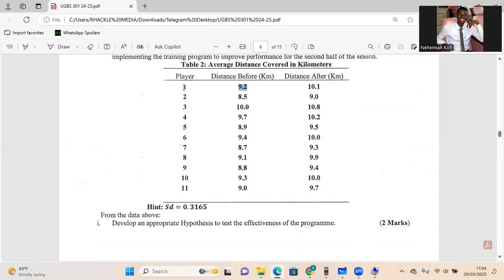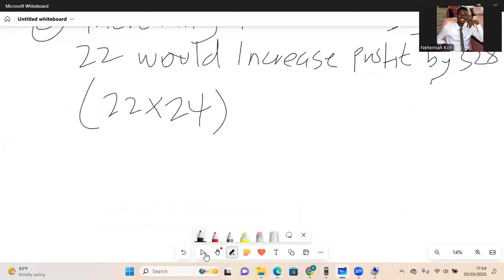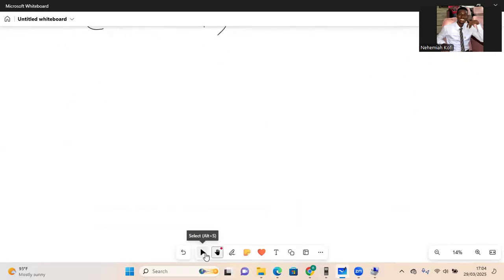Now, they are telling us first to develop an appropriate hypothesis to test the effectiveness. And this is easy, peasy.